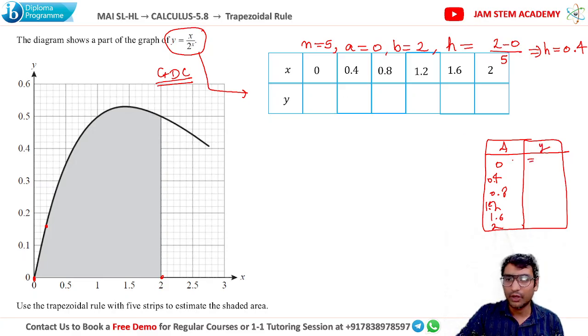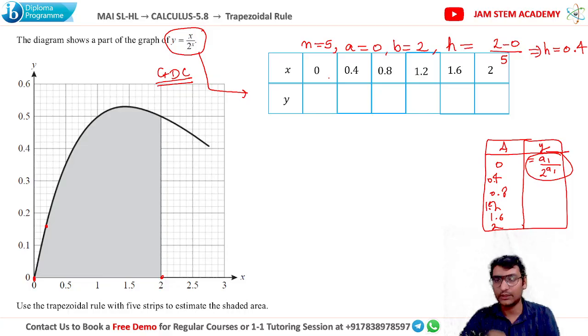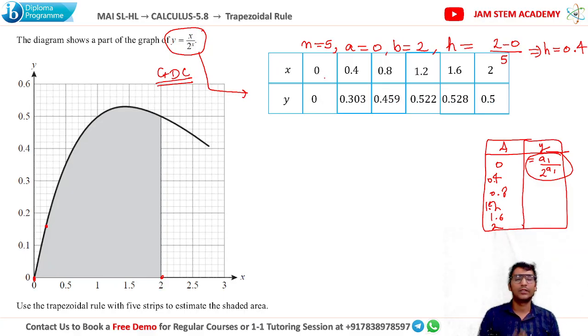This one: your x value, you can say A1 divided by 2 raised to the power A1. That will give you 0 here for the first value. Similarly, you can just extend this to get the values of y. So simply the GDC will help you to get these values of y for corresponding values of x. They come out as 0, 0.303, 0.459, 0.522, 0.528, and 0.5 in this way.